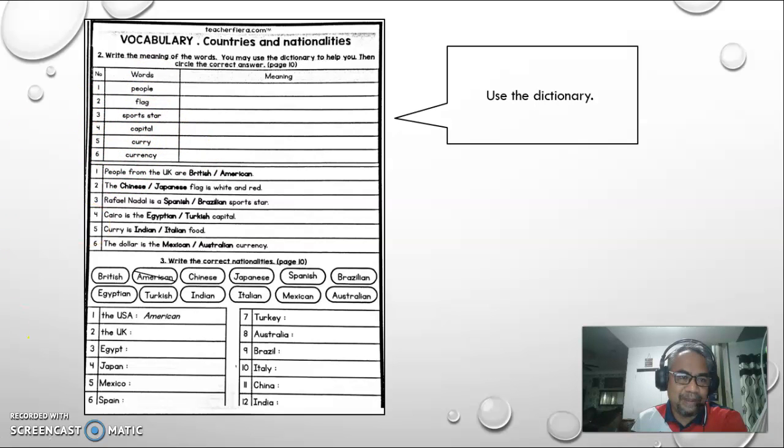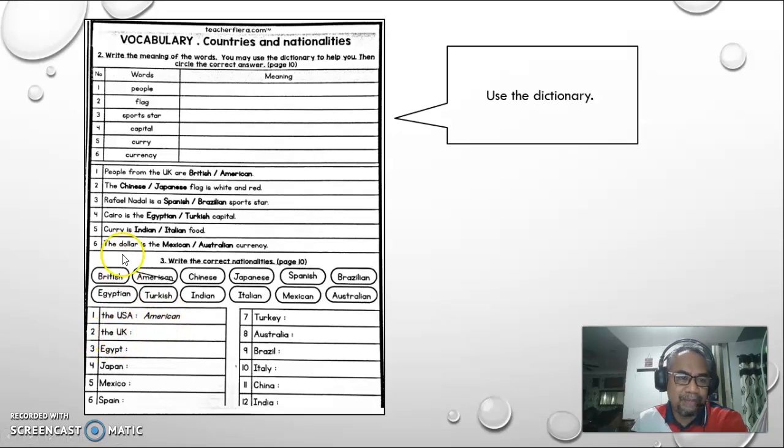People from the UK are British. Circle British. And then complete number 2, 3, 4, 5, and 6. Also the nationalities. The nationality for the USA is American.